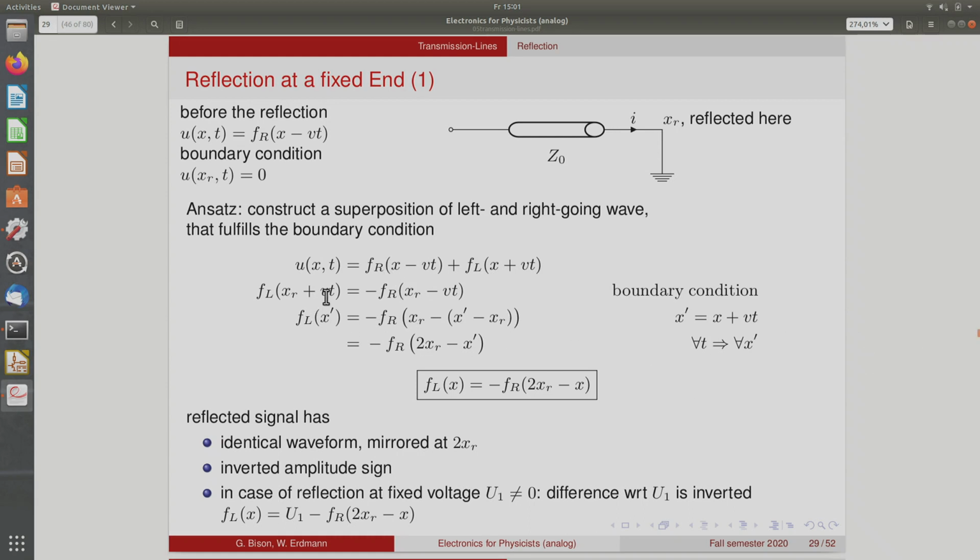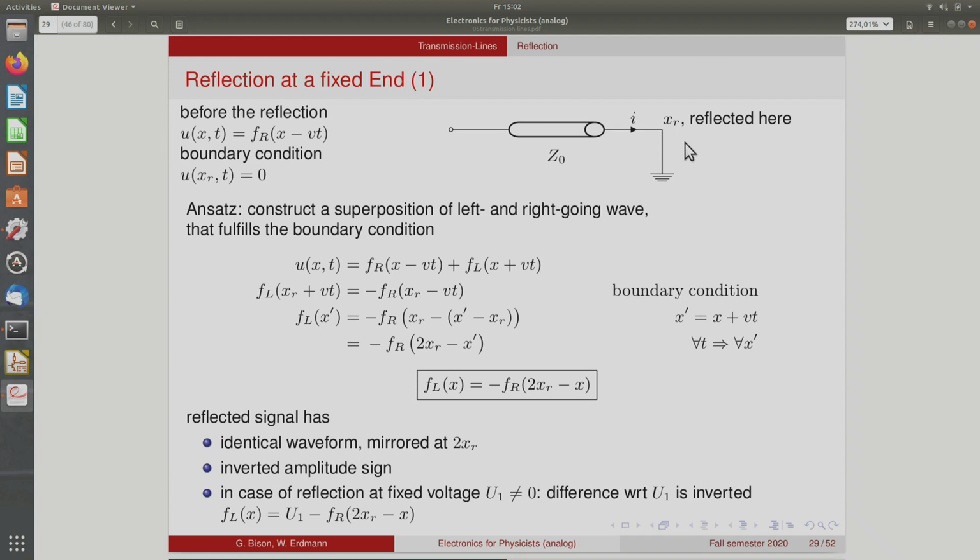So the boundary condition is at this place. You can make a change of the variables, and you come to the conclusion that the left-going waveform is minus the right-going waveform at a different time, but it's the same shape with a minus sign. Okay, so we can model the situation of a wave coming from the left to the right to this point where the voltage is 0 by adding another wave coming from the right, which exactly cancels the incoming wave at the reflection point.